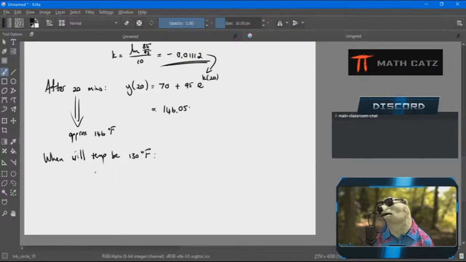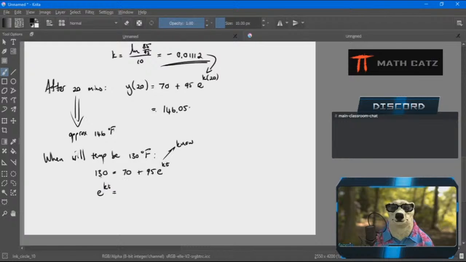But it's a simple calculation for us. We want to have a y value of 130. We then want to solve for time. And I know my k, right? I write the k, but I remember that I know it whenever I need to. So I'll just go a little faster here because I'm running out of space.